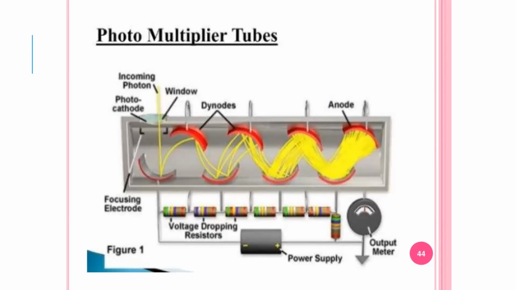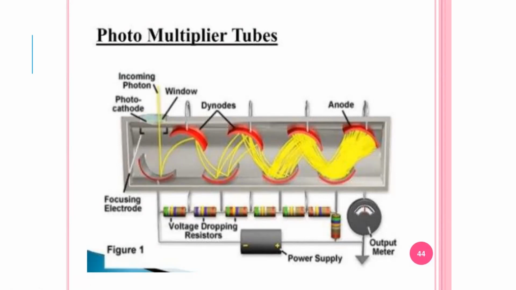When light is incident on the cathode, electrons are produced. These electrons travel towards the first dynode and are collected by it. The next dynode is maintained at a higher potential, meaning the potential of the second dynode is 90 volts more than the preceding dynode.